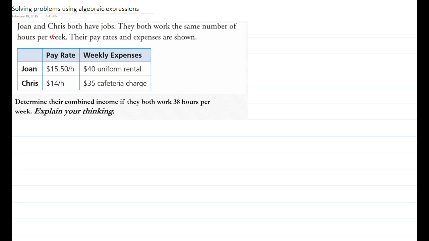So as I mentioned in class, what we want to do to start this problem is think about what is changing. When we use algebra, we almost always use letters.